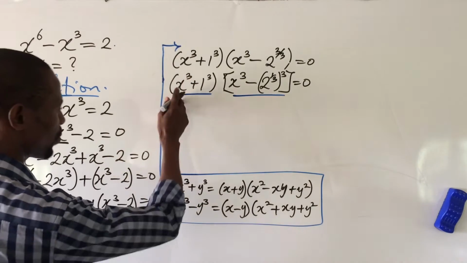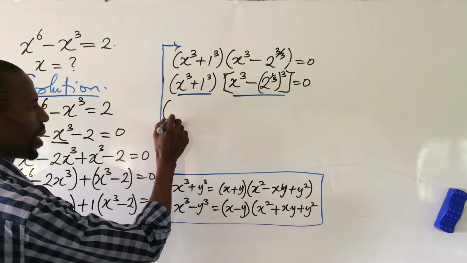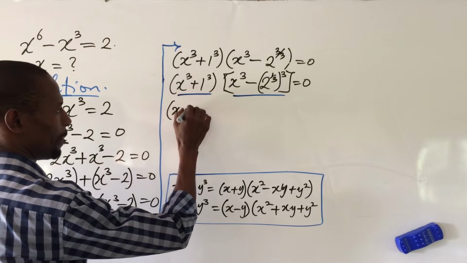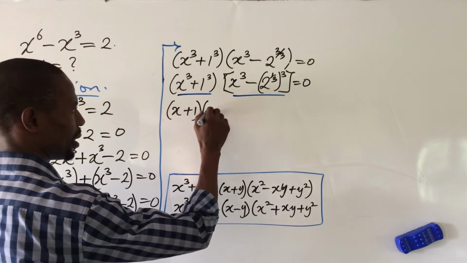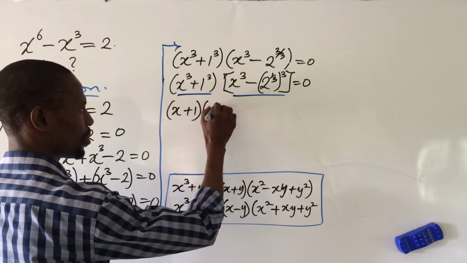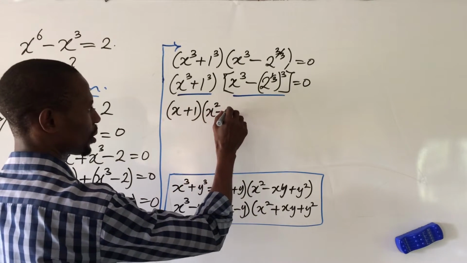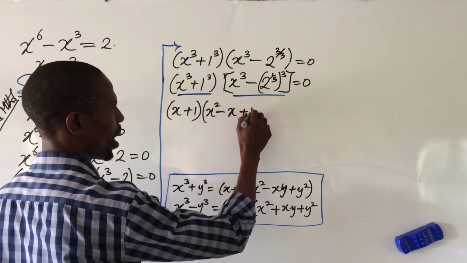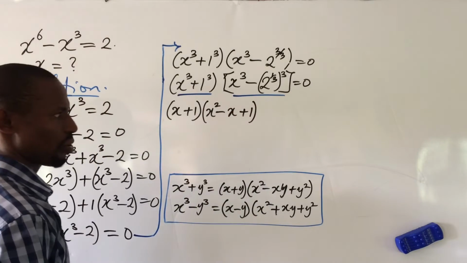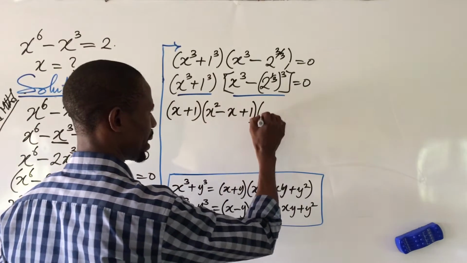So let's go ahead and write this in this form. This first one is going to give us bracket x plus 1 close bracket, then x squared minus x plus 1 all squared, which is the same thing as 1, then bracket.